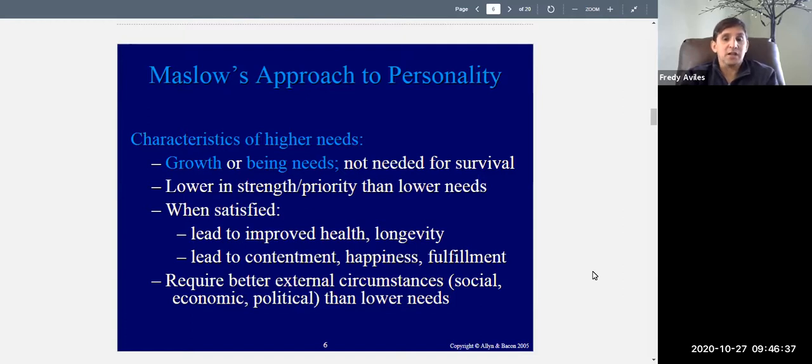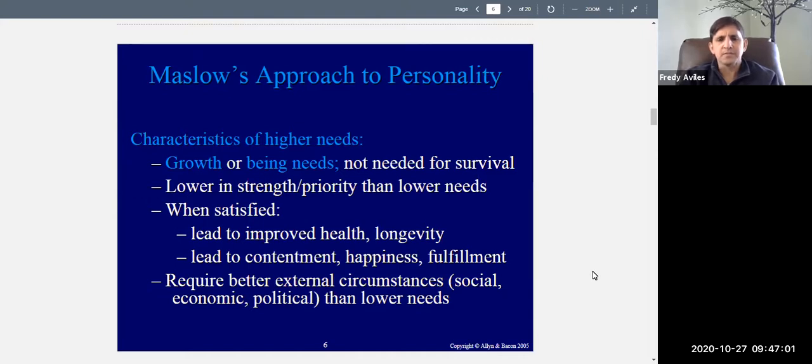For you to self-actualize, for instance, you need to have your social, economic needs met, and you need to live within a certain environment, all right? Where your social needs are met, right? Economically, you're doing okay. You have a certain political system in place, okay? Let me give you an example.